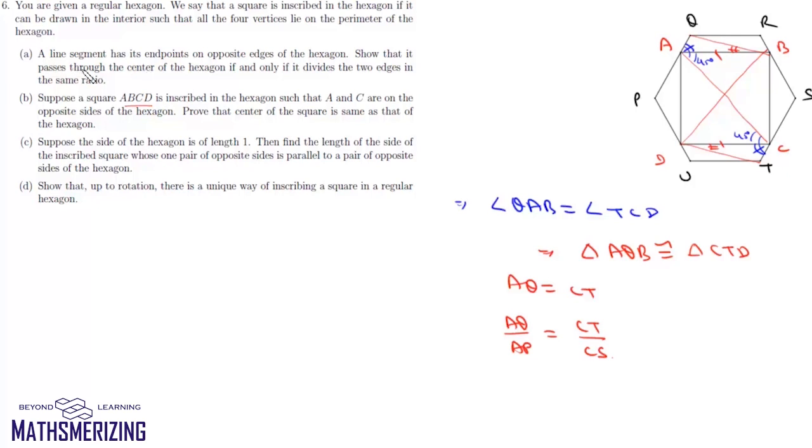So from first one, we can say that if line segment has endpoints on opposite edges of hexagon, and if it divides the two edges in the same ratio, it will pass through center of hexagon. So that means this AC will pass through center of hexagon, and also BD will pass through center of hexagon. So from here we can say that point of intersection of two diagonals of this square will again pass through center of hexagon, which is origin in this case.